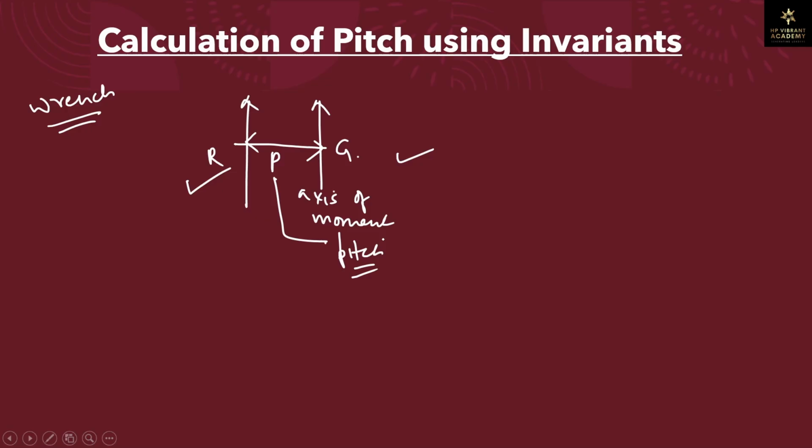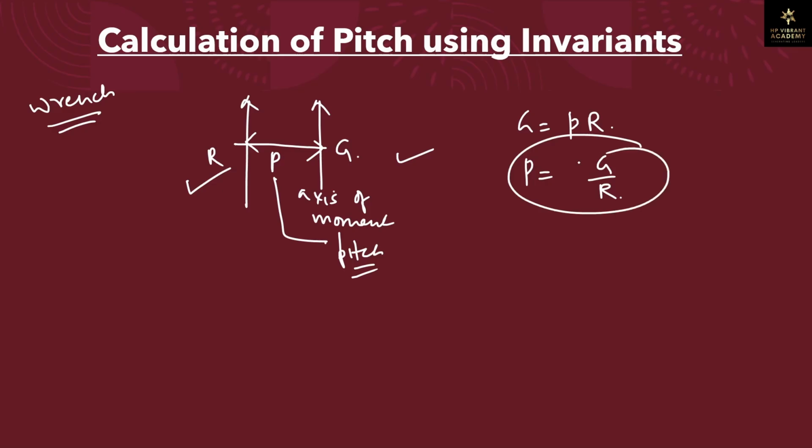So how can we represent the pitch? We have G is equal to P times R, so from here pitch is equal to G upon R. Let us remember this relation. Now, using invariants, we have to find the pitch.